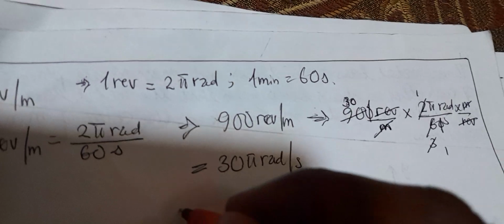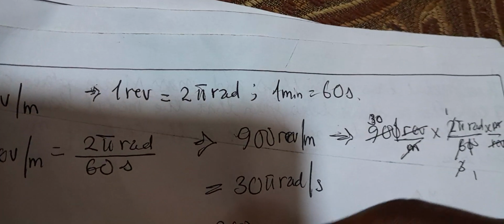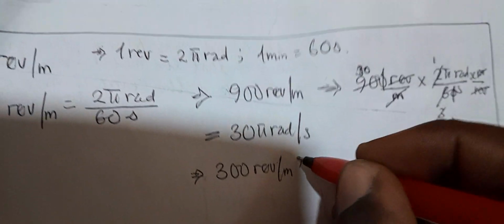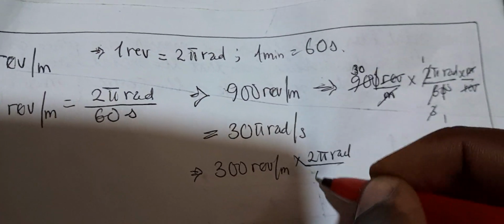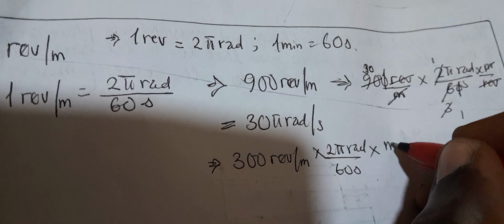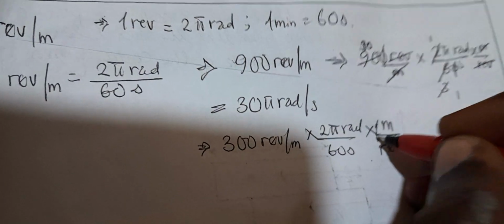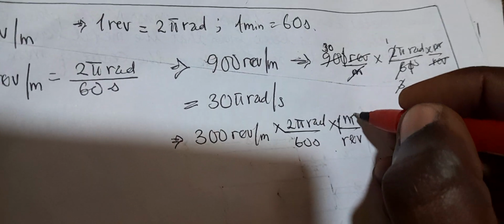So if I want to convert 300 revolutions per minute, I'll be multiplying it with 2 pi rad over 60 seconds times 1 minute per revolution.